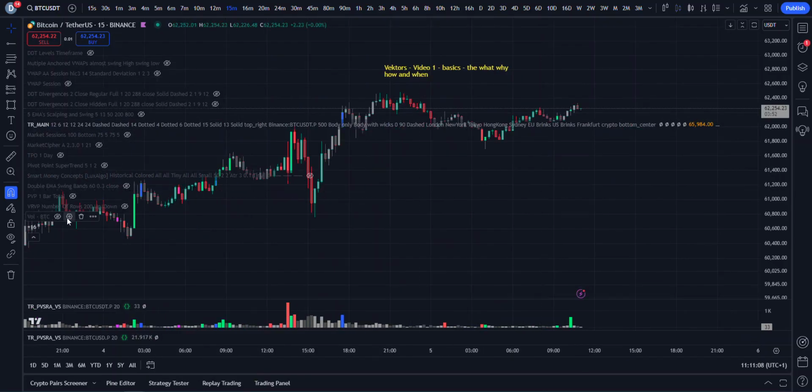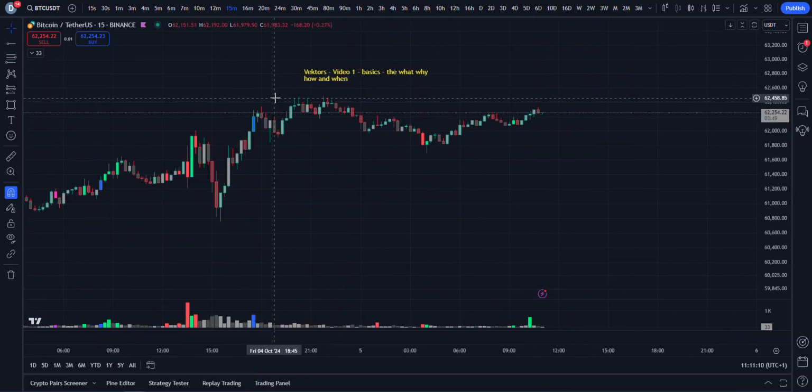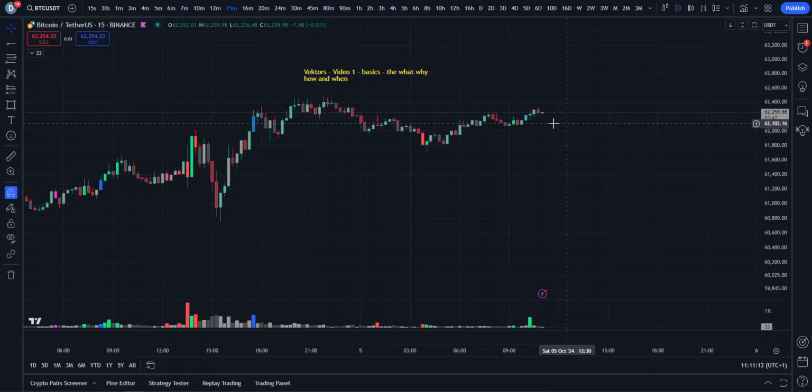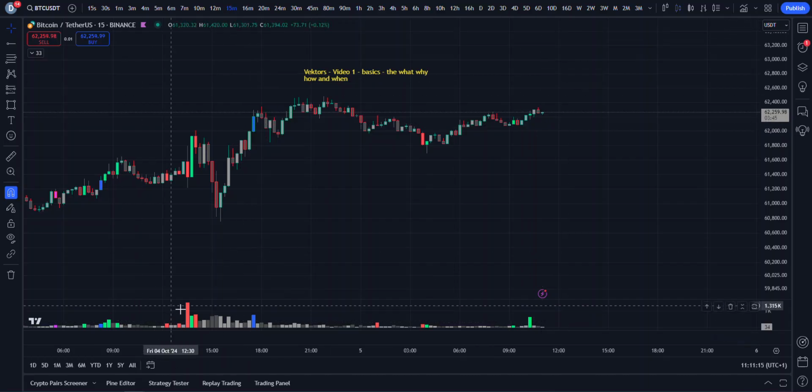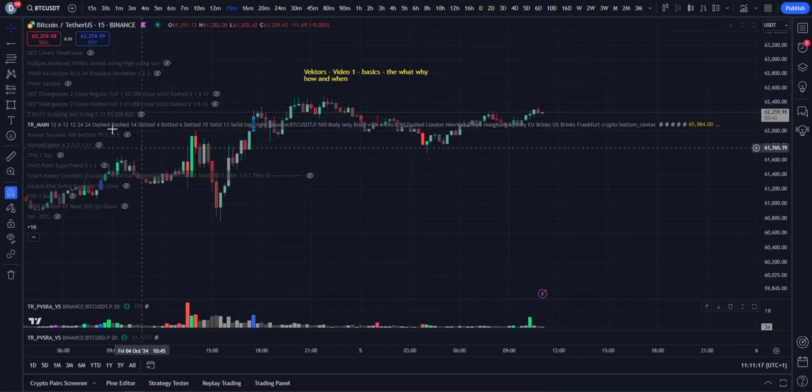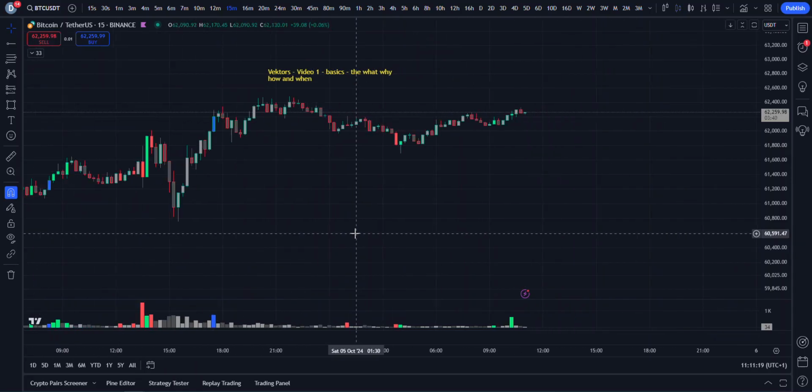So basically now all we have is vectors on our chart. I'm on the 15-minute chart, and I have the PVSRA Volume Suite, also Traders Reality. If you have a basic TradingView account, you should be able to use this to at least get a broader picture of how to use the vector candles and the strategies without having to purchase a paid plan.